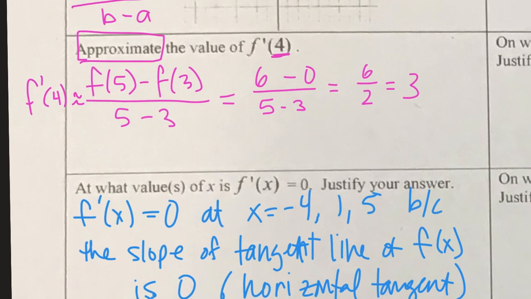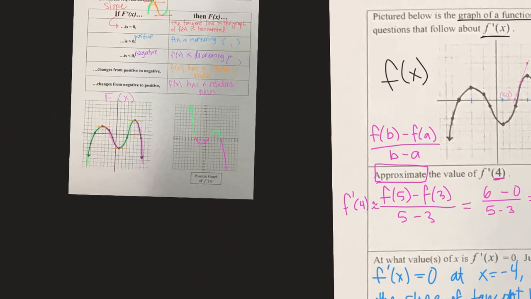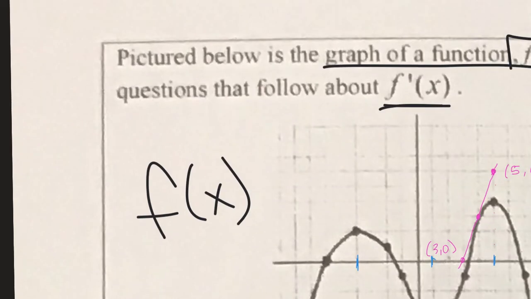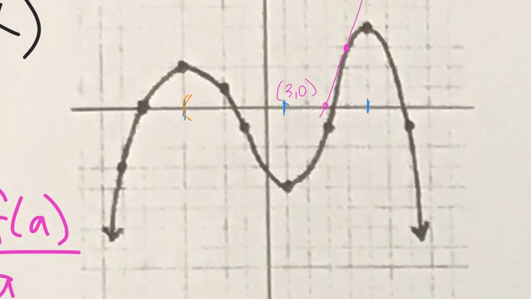So we're using the graph of f, and we are interpreting it to answer a question about f prime. Okay, so on what open intervals is f prime of x less than 0? It's less than 0 when the graph of f is decreasing. So we look and see when our graph is decreasing. It looks like it's decreasing between negative 4 and 1, as well as 5 to infinity.